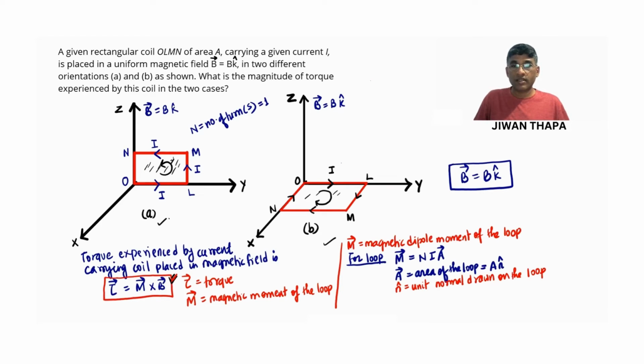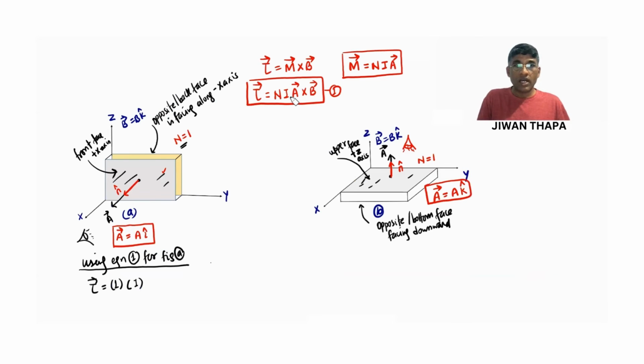The area vector is acting along the positive z-axis, so we have A k cap cross the magnetic field, which is acting along the positive z-axis, B k cap. So torque tau equals I A B, and we have i cap cross k cap.